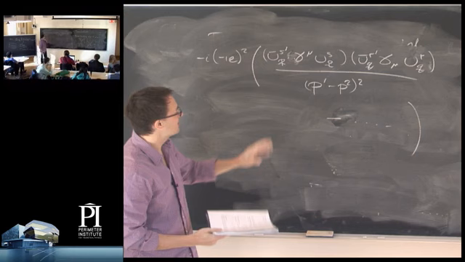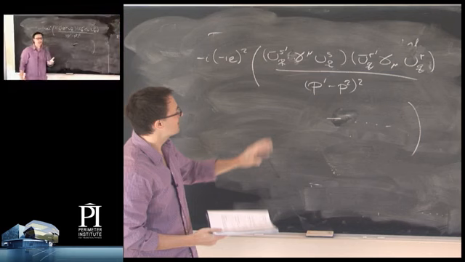It's the same with the labels flipped. It's almost exactly the same as what we saw for Yukawa theory. The differences are that the propagator is massless because this is a photon exchanged now, and that there's a gamma mu that sits in here.